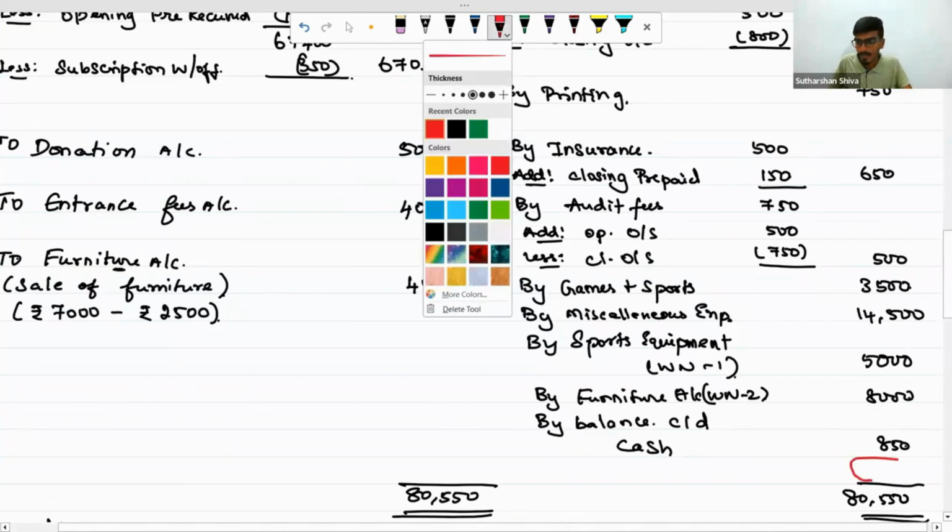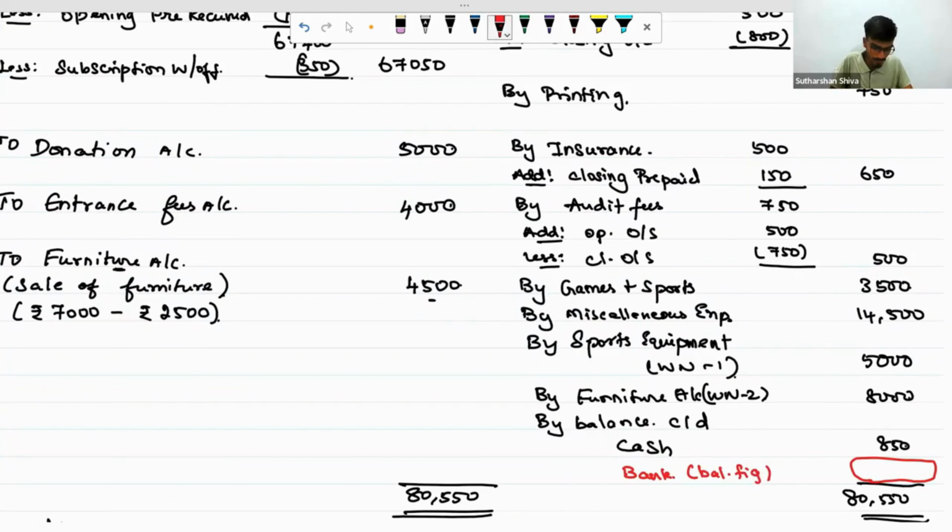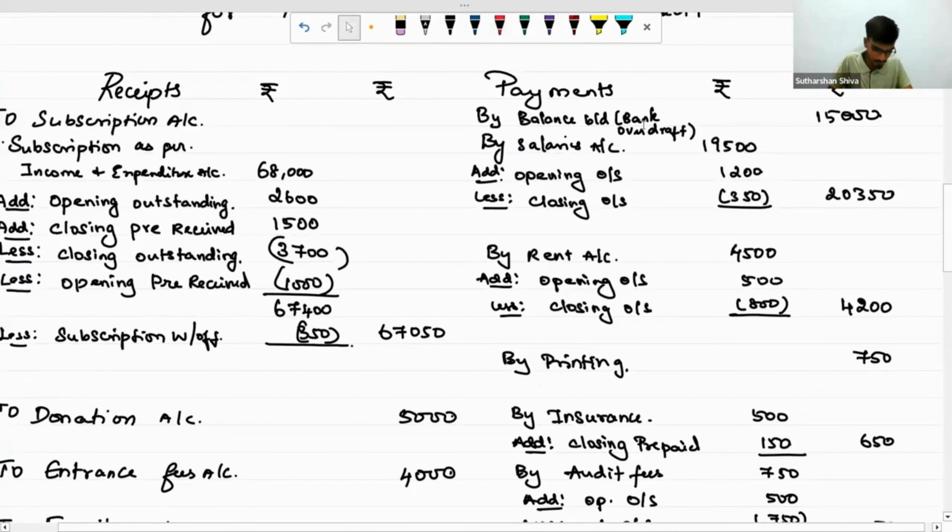And finally, I will get to my answer. That value is going to be my bank balance. That bank balance is going to be my balancing figure. Now subtract all the values from it. 80,550 minus 850. What is my final value?